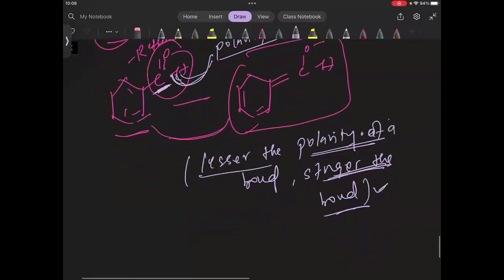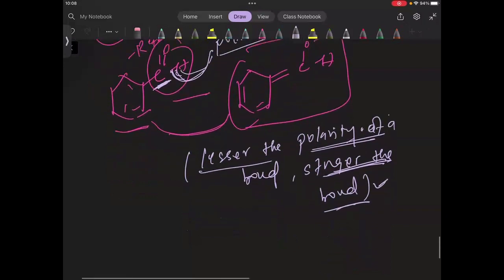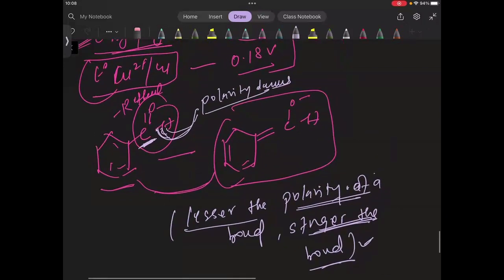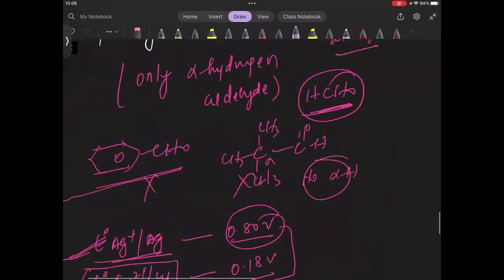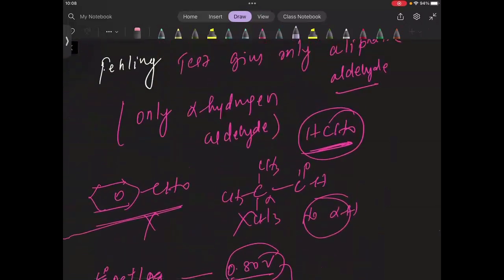Okay. Now, if you feel it is complex to understand, simply understand here it is a double bond. So it is very, very difficult to oxidize the whole chain by the Fehling solution. Alternatively, I told you that if there is alpha hydrogen, then only oxidation will be possible. So here there is no alpha hydrogen, so no oxidation is possible by Fehling solution.